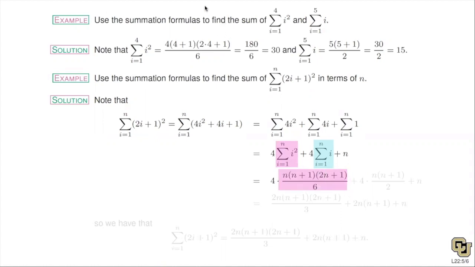Here is the formula for I right here. And then, of course, don't forget this very last term, we had a plus n here, which was this sigma. So I have that right at the end here.